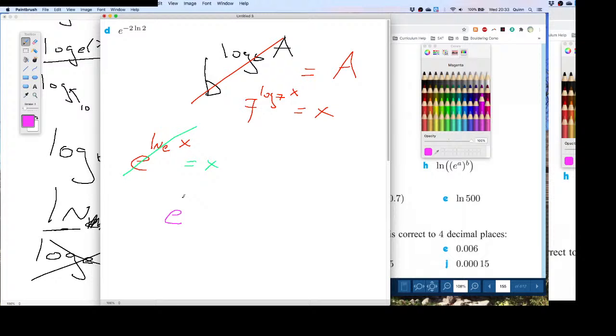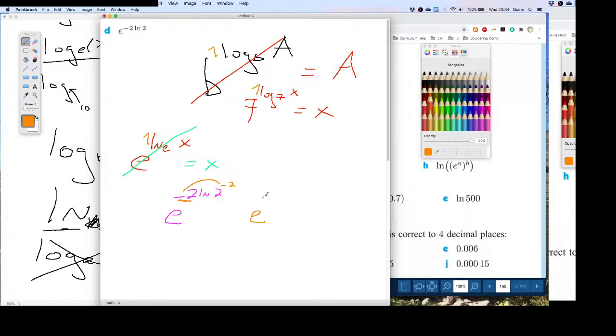So with this question, they have e to the minus 2 ln of 2. But notice in here, we always have an invisible 1 in front of here, an invisible 1 in front of here, an invisible 1 in front of here. But this negative 2 is annoying. So we use our log rules and we bring it up here, so we have it to the negative 2.